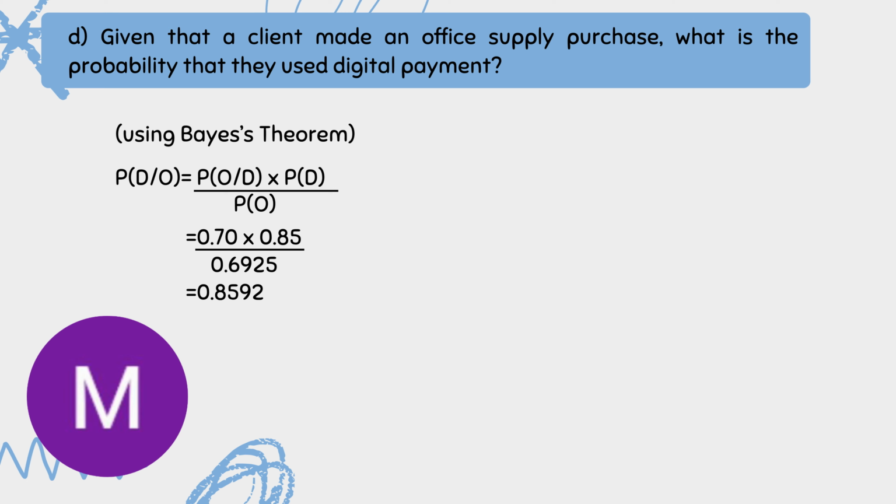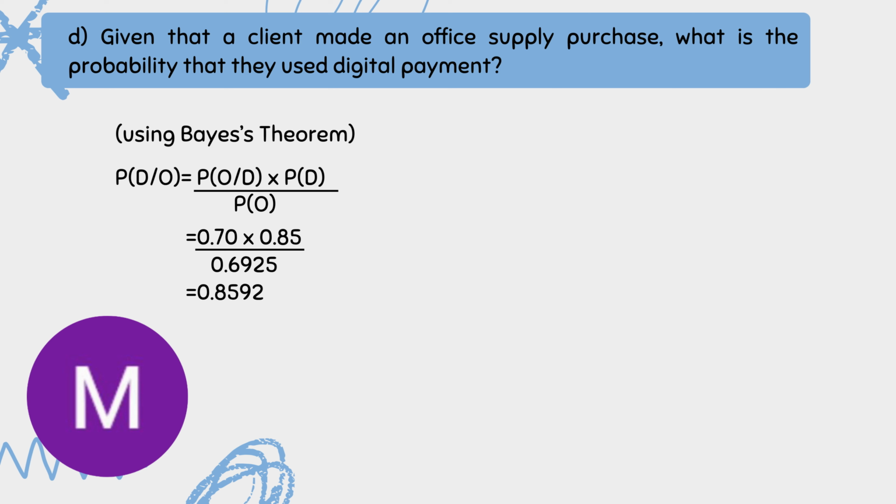And the next one, D. Given that a client made an office supply purchase, what is the probability that they use digital payment? In this question, we use Bayes' theorem. The probability of digital payment given office supplies equals the probability of office supplies given digital payment times the probability of digital payment, divided by the probability of office supplies. We substitute all the information.